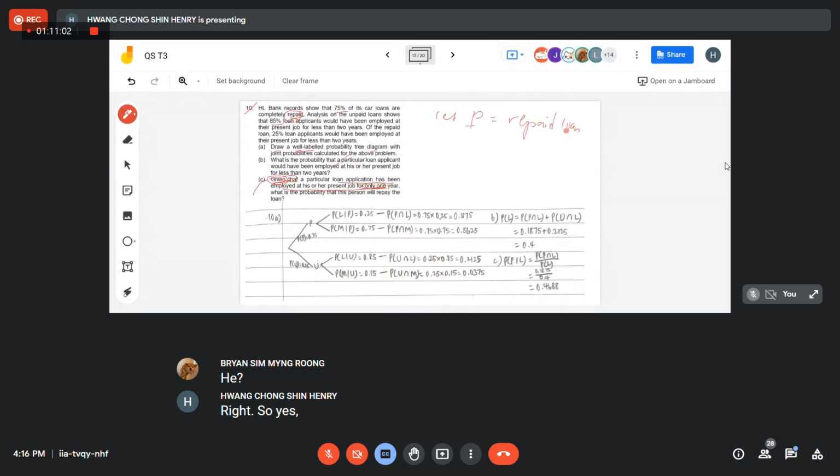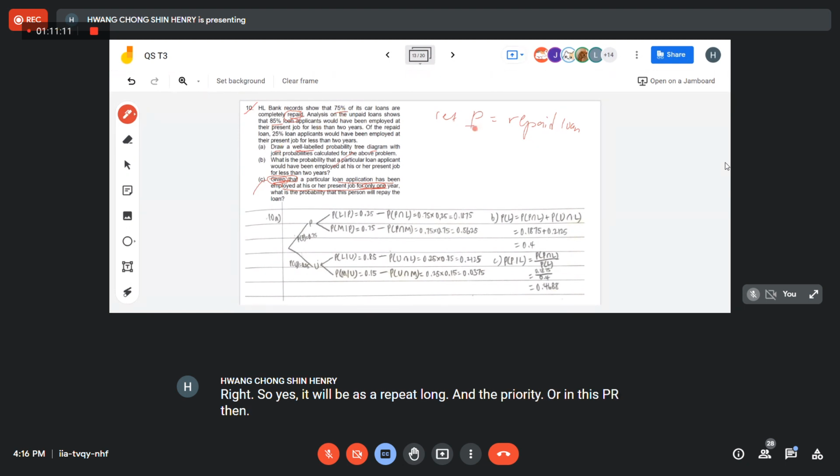So we use symbol P as a repaid loan. And the probability, if you use P, then you write PP. Careful, PP, because P is repaid.